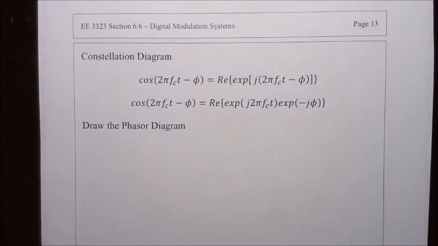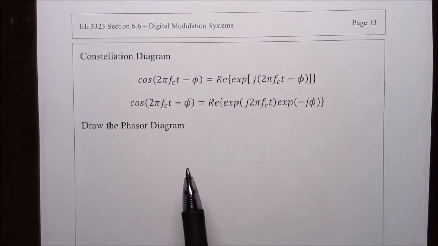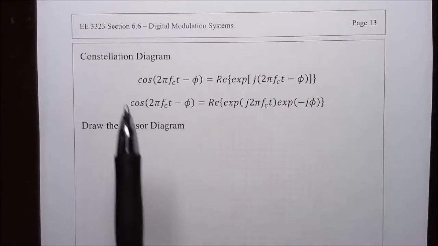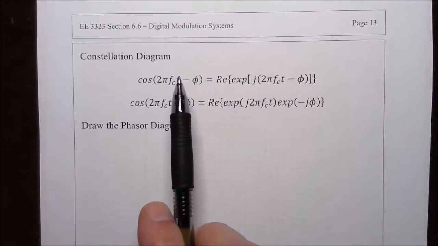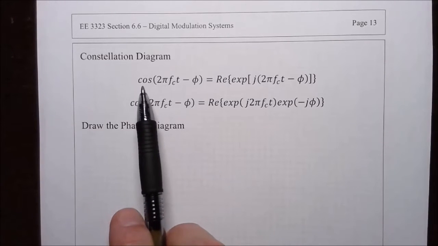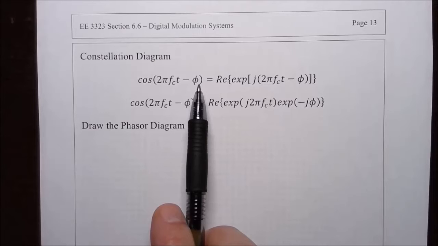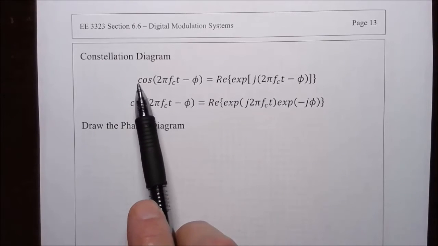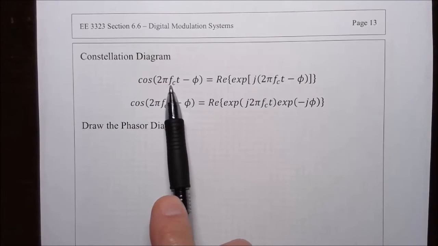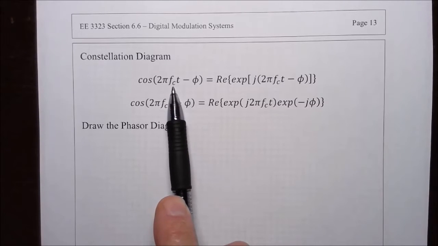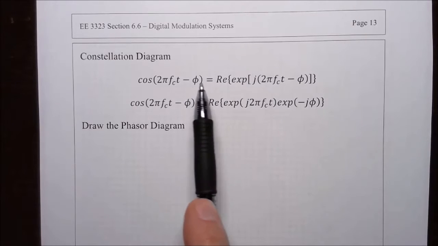I want to introduce another way of looking at these phase shift keyed signals, and it's called the constellation diagram. If we look at a sinusoid in general, cosine 2 pi fct minus phi, we have an amplitude of 1 just for convenience, a frequency fc, and a phase angle shift of phi.